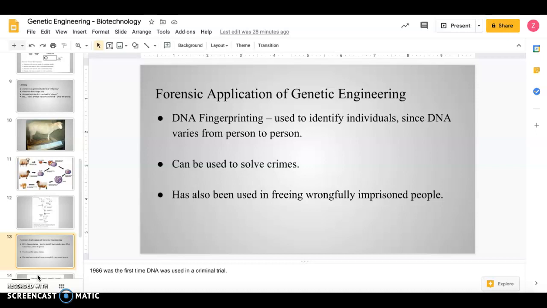It can be used to solve crimes, but interestingly enough, has also been used in freeing wrongfully imprisoned people, where DNA technology has come out after they were convicted and has proven that they were not at the crime scene. In 1986, DNA was first used in a criminal trial.